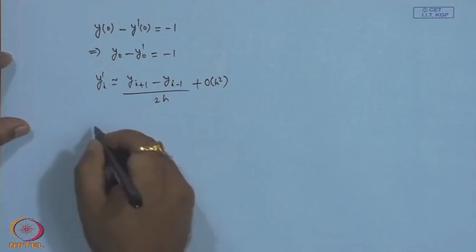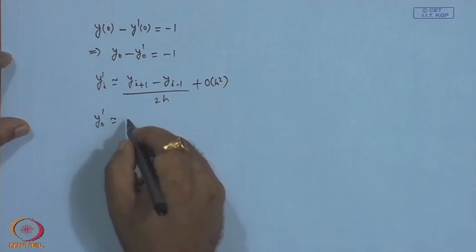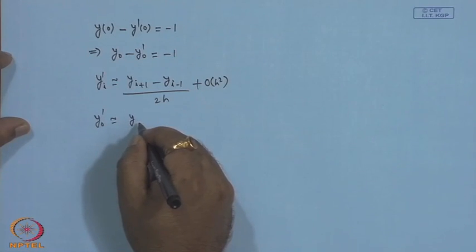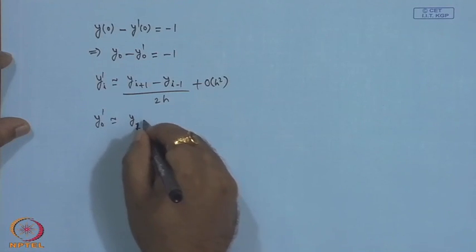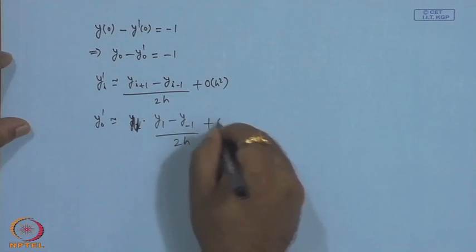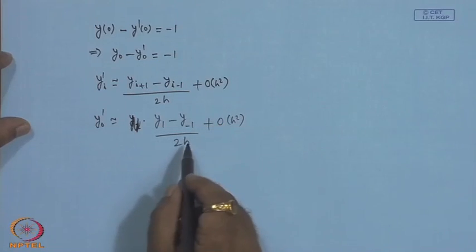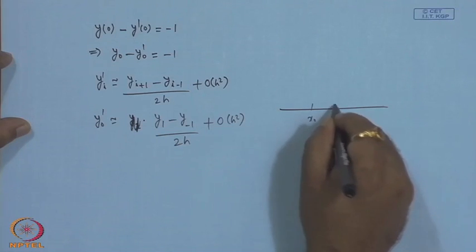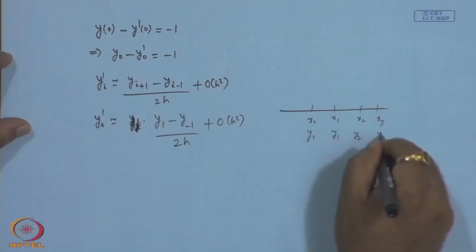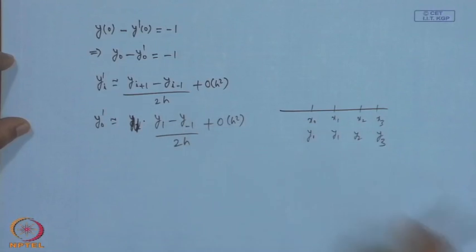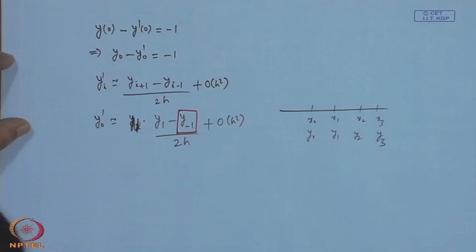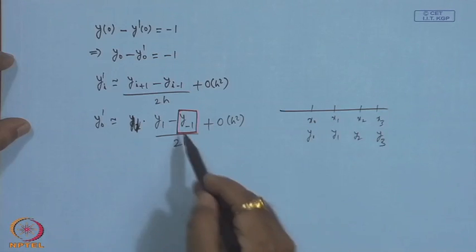If this is the case, then y 0 prime will be y 1 minus y minus 1 by 2h. Here we have x 0, x 1, x 2, x 3 and y 0, y 1, y 2, y 3, but we have an extra term.